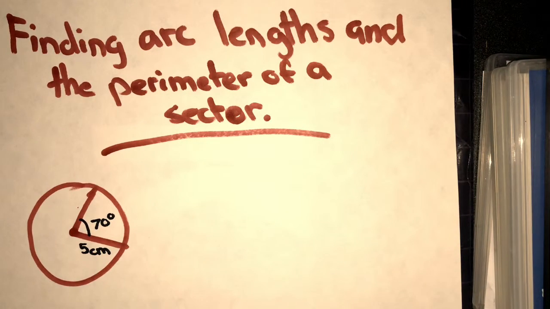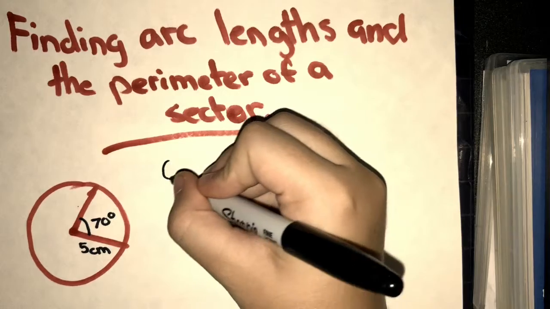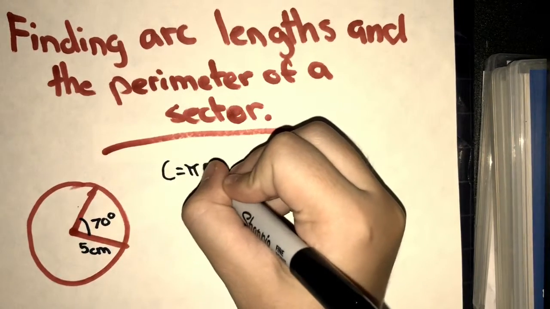Finding the arc length and the perimeter of a sector. When working out the arc length and perimeter of a sector, you should first figure out the circumference of the whole circle. Circumference equals pi diameter.